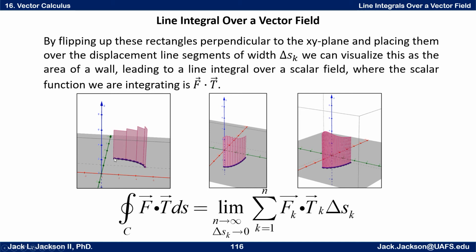This line integral is like the one we did in a previous video, where we did line integrals over a scalar function, some scalar function ds, and then integrated that over the curve. So f dot t is our scalar function, with respect to the arc length parameter s.